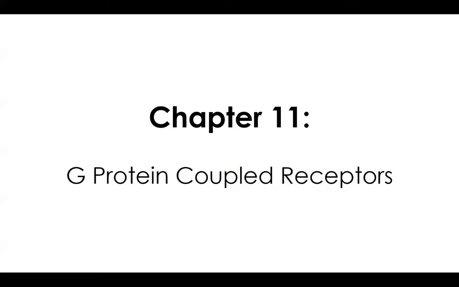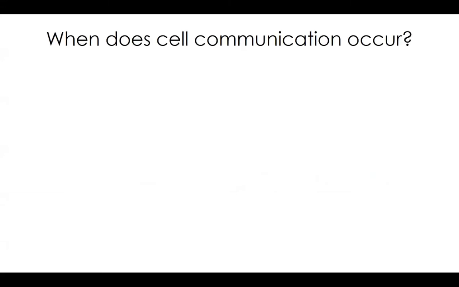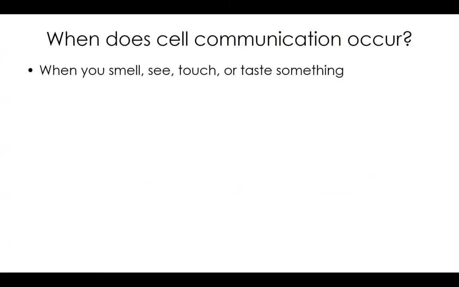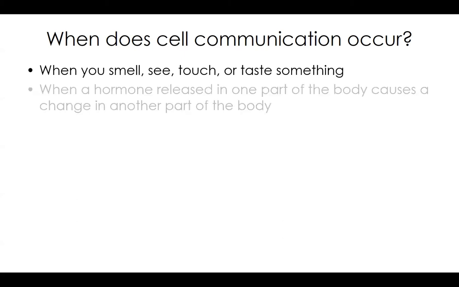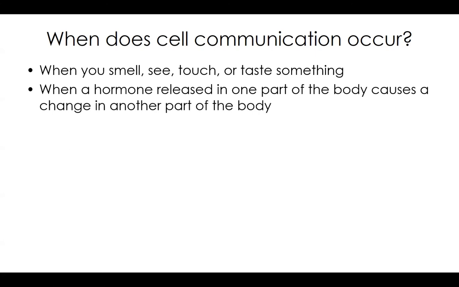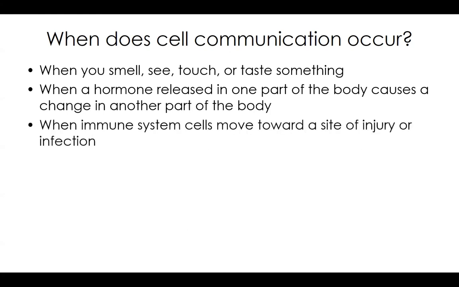So just to review, when does cell communication occur? Anything that you smell, see, touch, or taste, so the five senses. Anytime a hormone is released in one part of a body, you'll have to receive that at another location in the body. Immune system cells need to move towards sites of injury, and they need to know where infections are in the body.